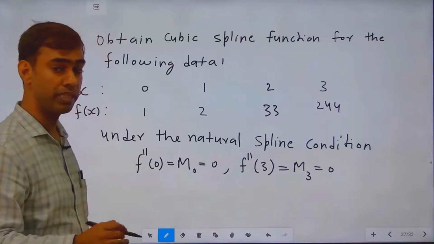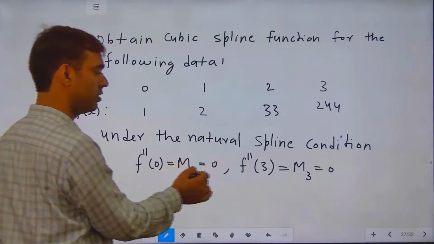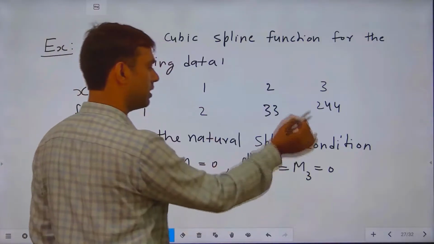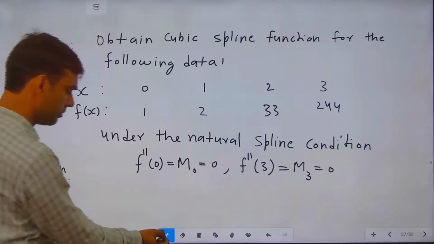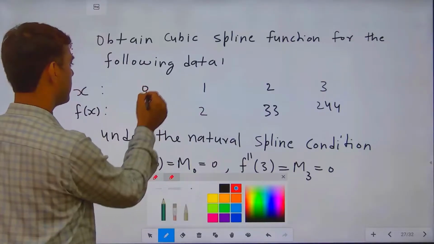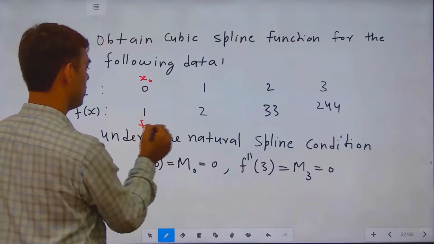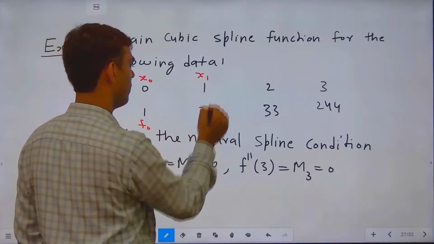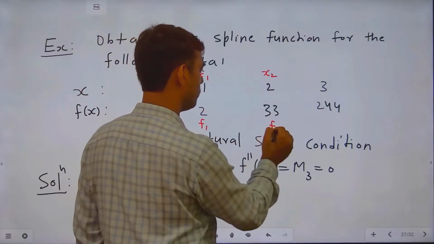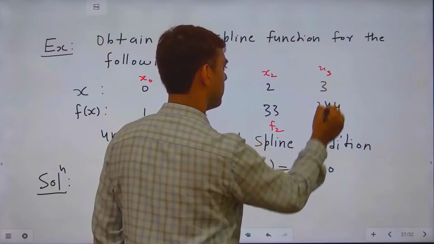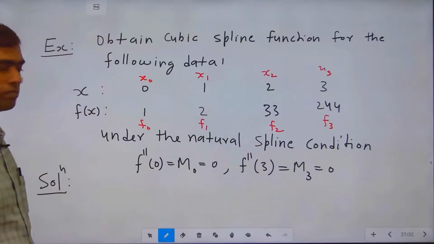What is the natural spline condition? As we discussed earlier, the second derivative at x equal to x0 and at x equal to xn is 0. For simplicity, we write x0, f0, x1, f1, x2, f2, x3, f3.